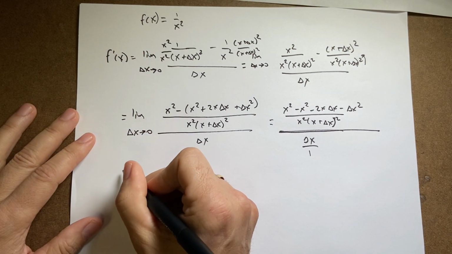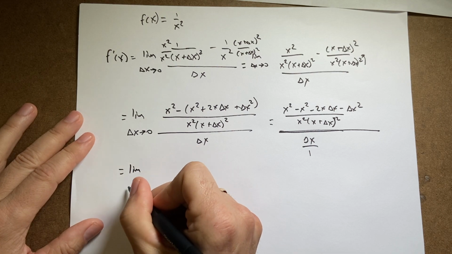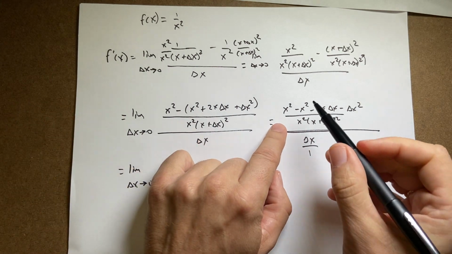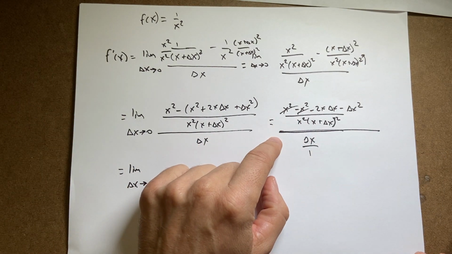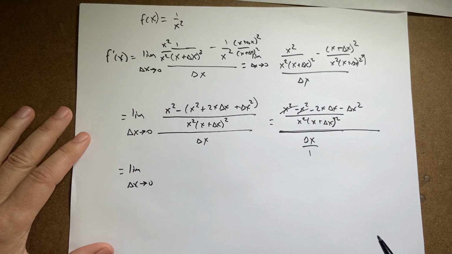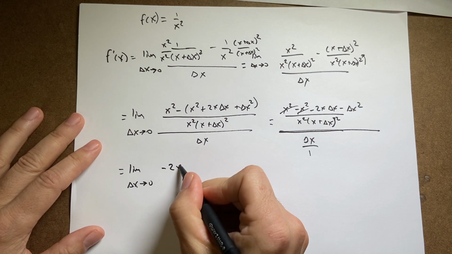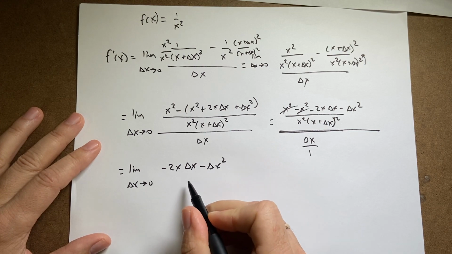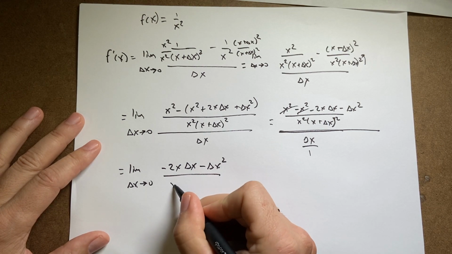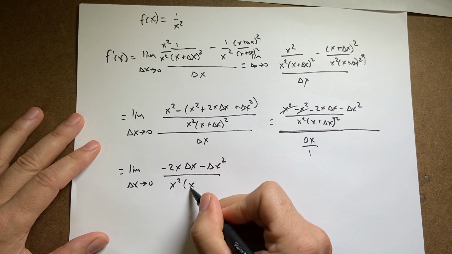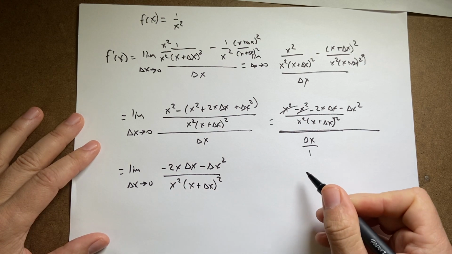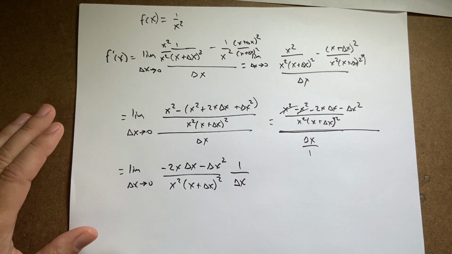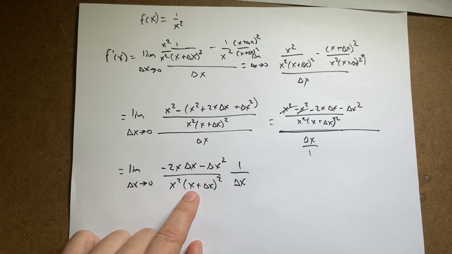I get the limit as delta x goes to 0. Oh, actually, look, that cancels. Does anything else cancel? No. So I get negative 2x delta x minus delta x squared over x squared times x plus delta x quantity squared, and then I have 1 over delta x. Now I have a simpler thing to do.